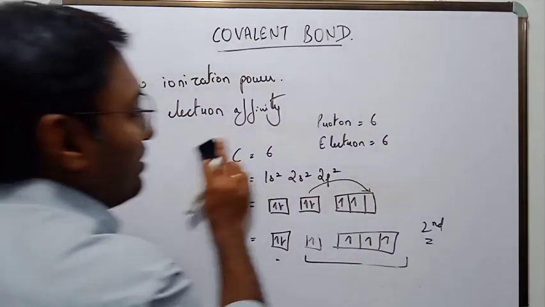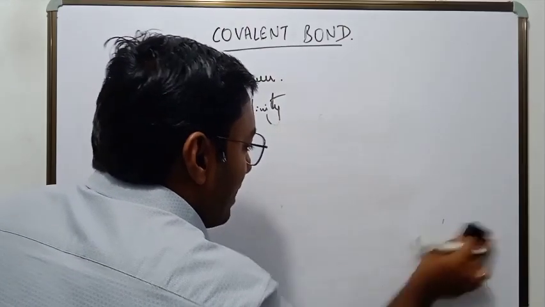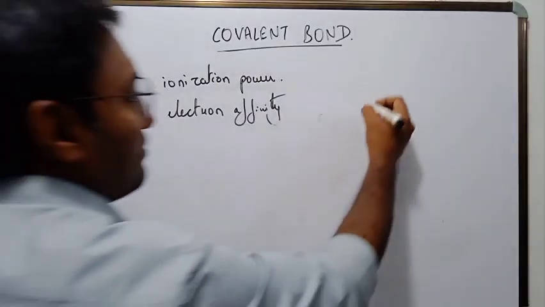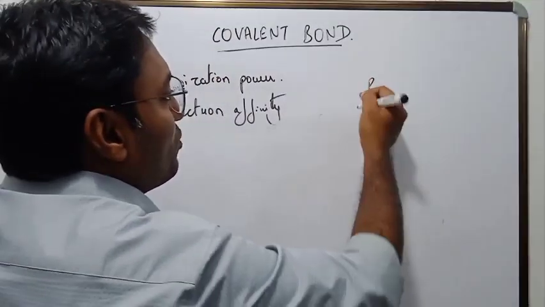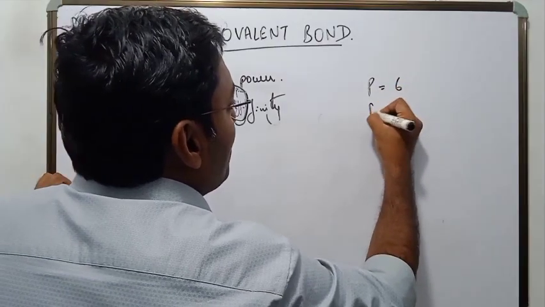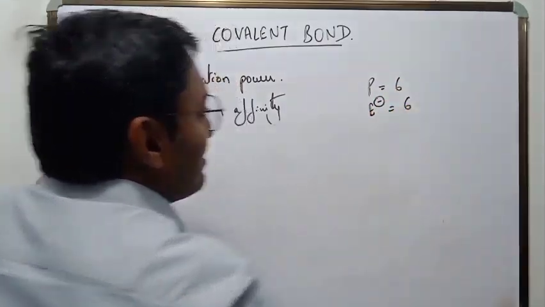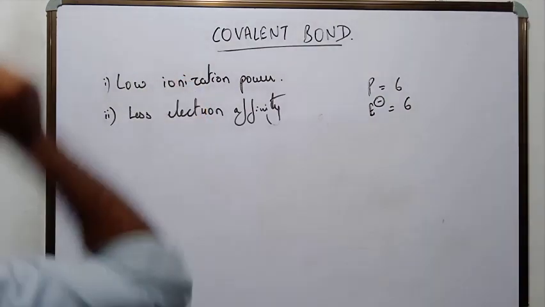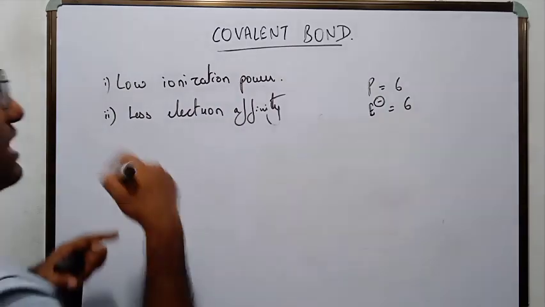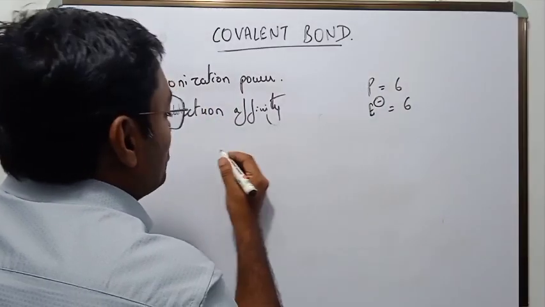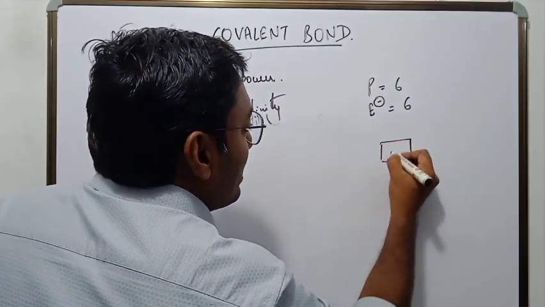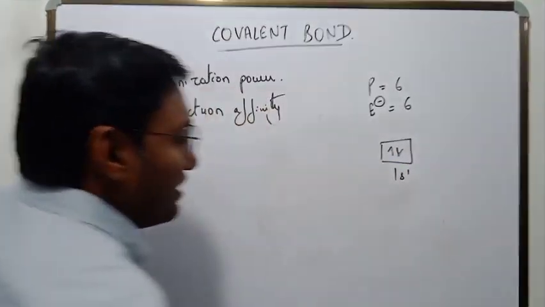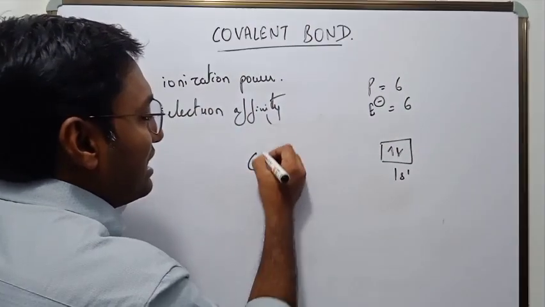Fine. Now, suppose that carbon has got high ionization power. Let me remind you that the proton number is 6 and electron number is 6 in carbon, because the atomic number is 6. Now assume that carbon has a very high ionization power. In that case, it would lose 4 electrons, right? So if it loses 4 electrons, there will be only one orbit, that will be 1s2, and carbon will be written as C4+.